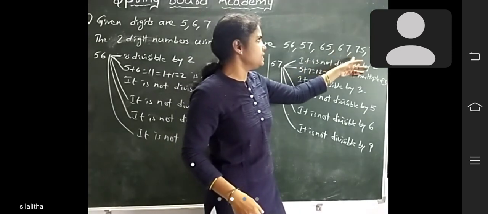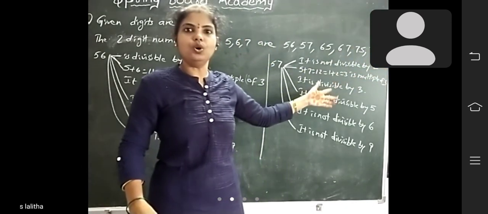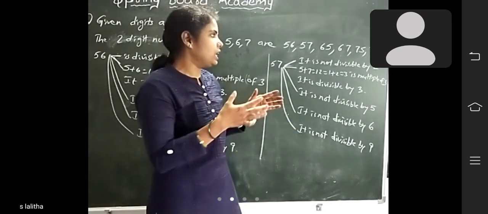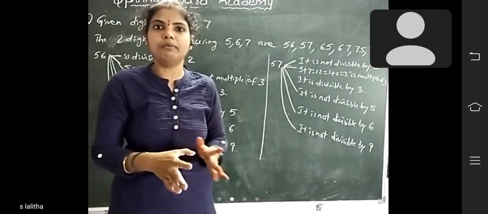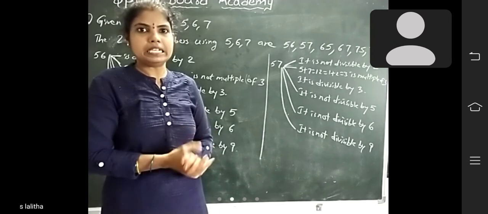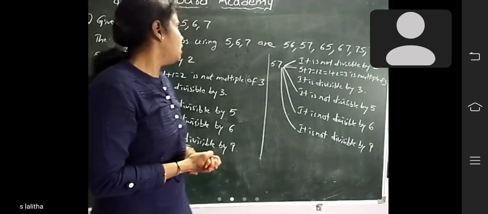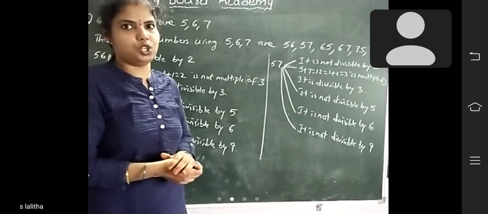And remaining numbers are there, no? 65, 67, 75, 76. We can do as homework. In CW only you can do. Okay, children? You can use the place in CW for 65, 67, 75, 76. I think it is enough. After this, next question, fifth question. You can use the place and write the fifth question in CW.